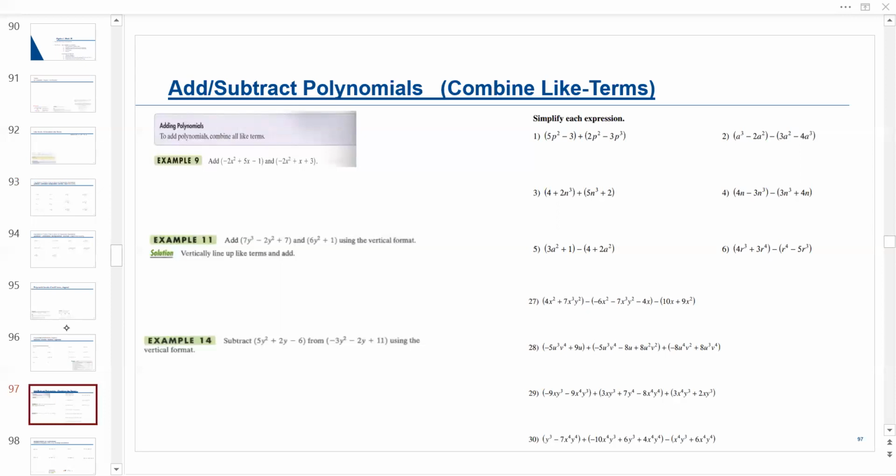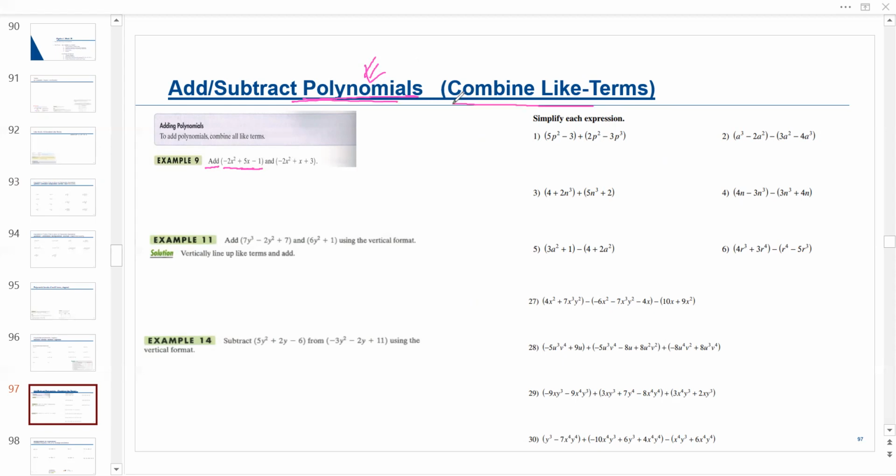So first, when we combine like terms, we need to find the like terms before we combine them. See this example. This is actually a lot of terms, right? These are three terms. Actually, before I talk about it, I need to introduce a little bit, but disregard this part.